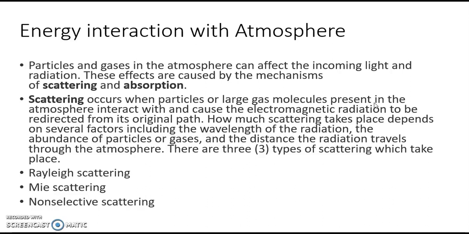The abundance of particles or gases, so how much is the density or volume of the air, how much is the presence of gas molecules, will also affect the scattering, and so will the distance the radiation traveled through the atmosphere. Now, based on the wavelengths that are traveling in the atmosphere, there are three types of scattering. One is Rayleigh scattering, one is Mie scattering, and one is non-selective scattering.